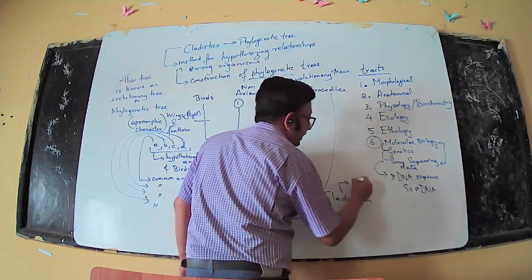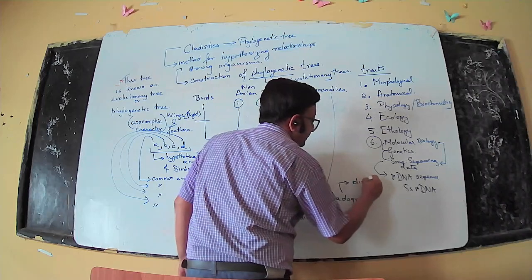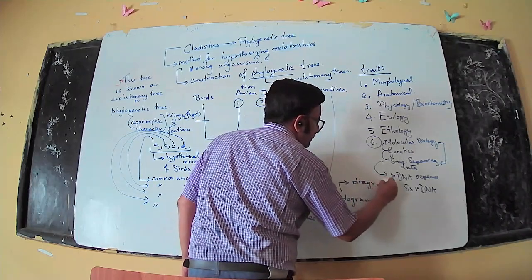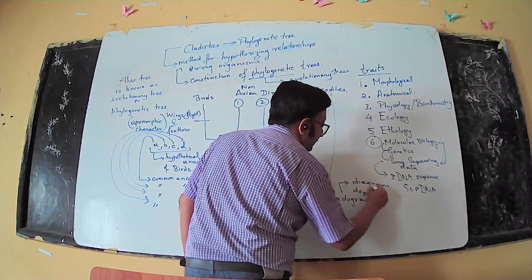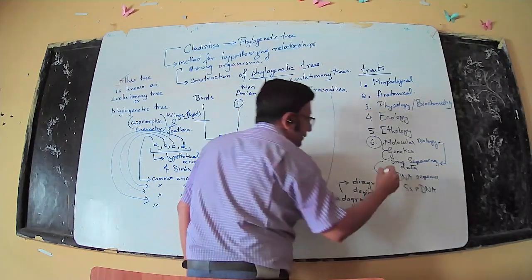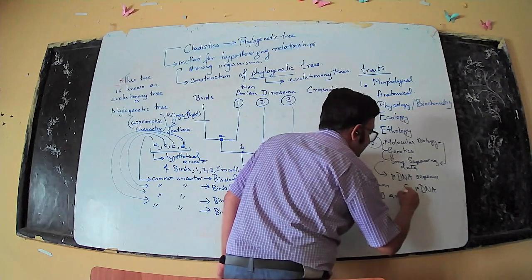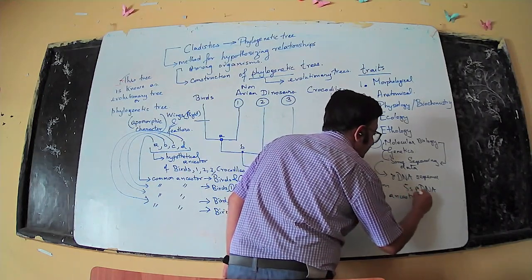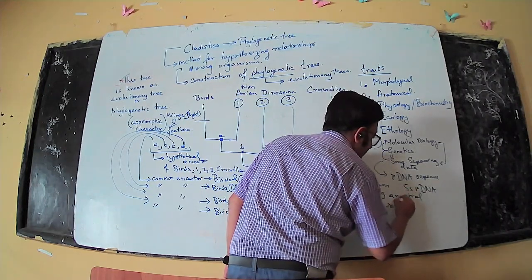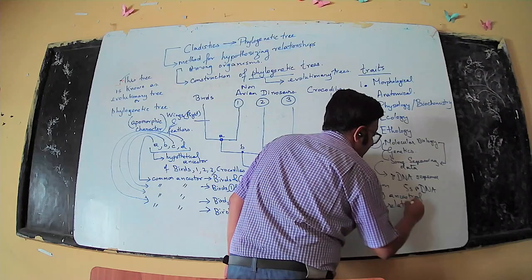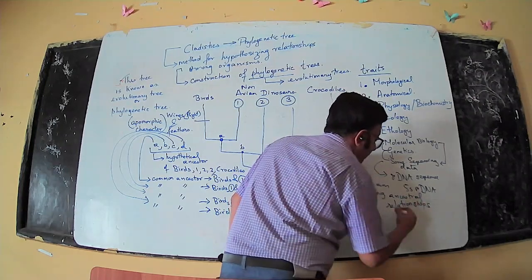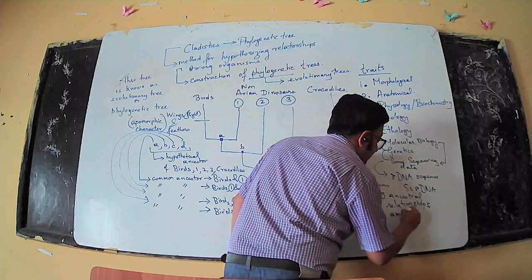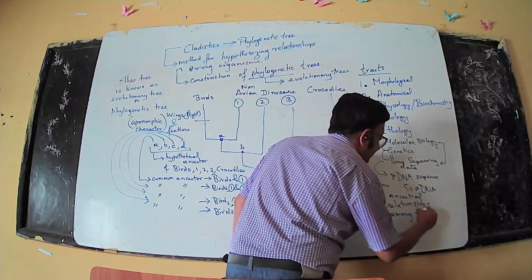It is a diagram depicting ancestral relationships among organisms.